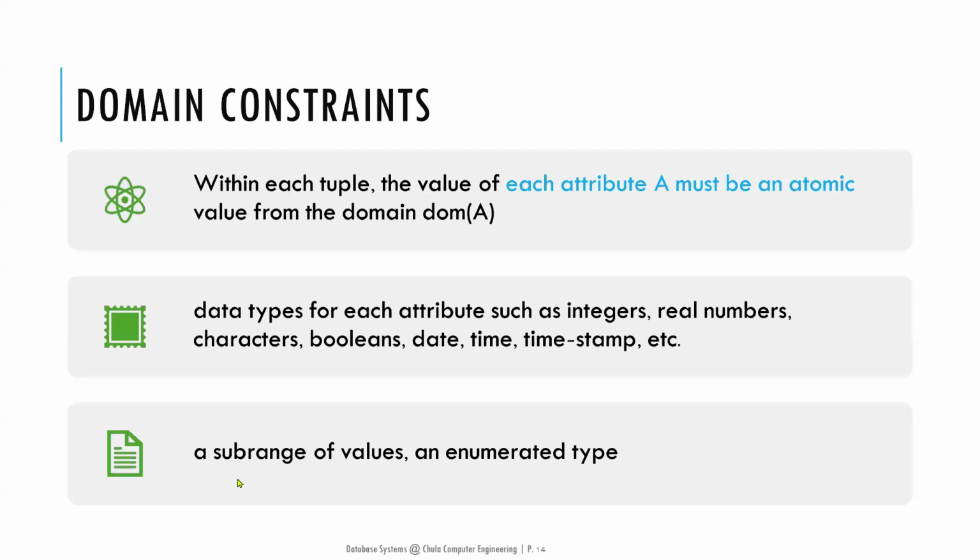A subrange means that you have a range of values that you allow. For example, you can say that you allow the user to enter their age by themselves, but the age must be between 15 and 40, for example. So there's a range that is allowed within the database. All right. Okay.